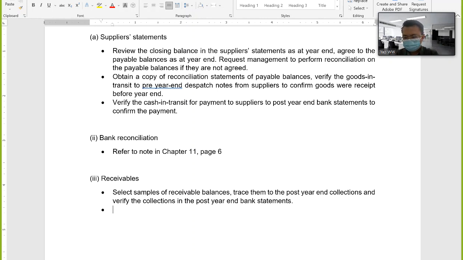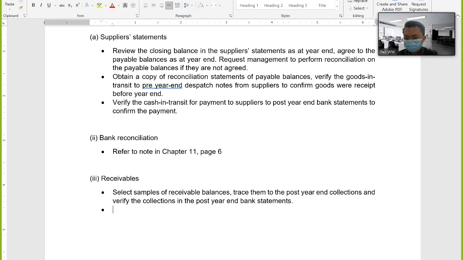So besides after year-end collection, what else we can do? Okay, you have a clue over here that receivable has increased a lot. Now don't say check whether they got increase in sales or not. Increase in sales doesn't mean increase in receivable. No connection one. Okay.